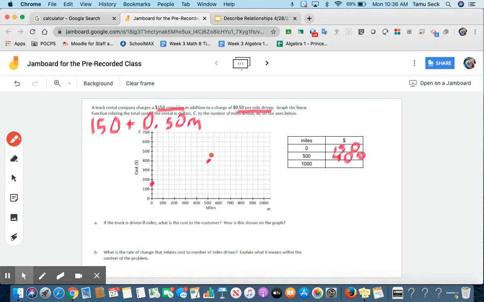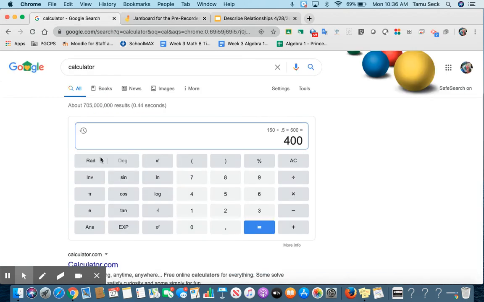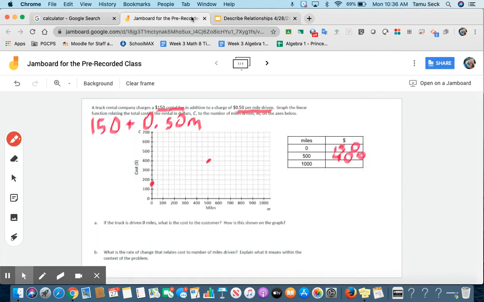Now, let's do the same thing for 1,000 miles. 150 plus 50 cents per mile times 1,000 miles. So 150 plus 50 cents per mile times 1,000 miles is $650.